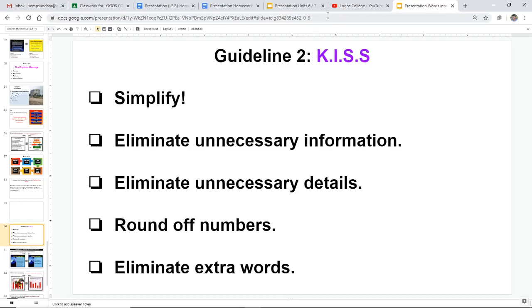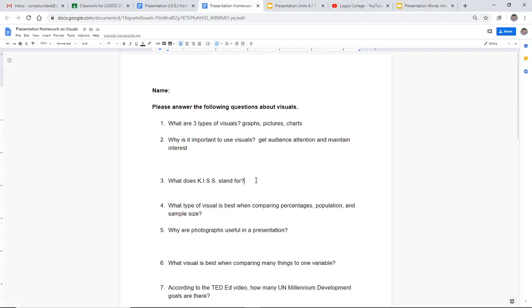Right. The answer I'm looking for is keep it short and simple. Or you could say keep it, or you could say keep information. It's up to you. Okay. KISS.